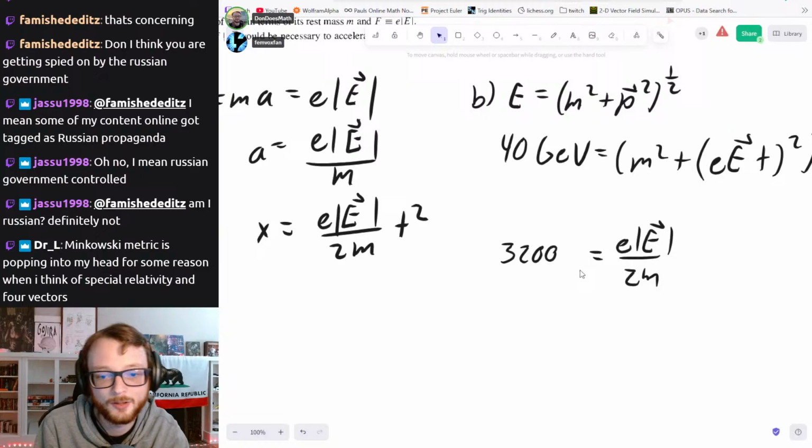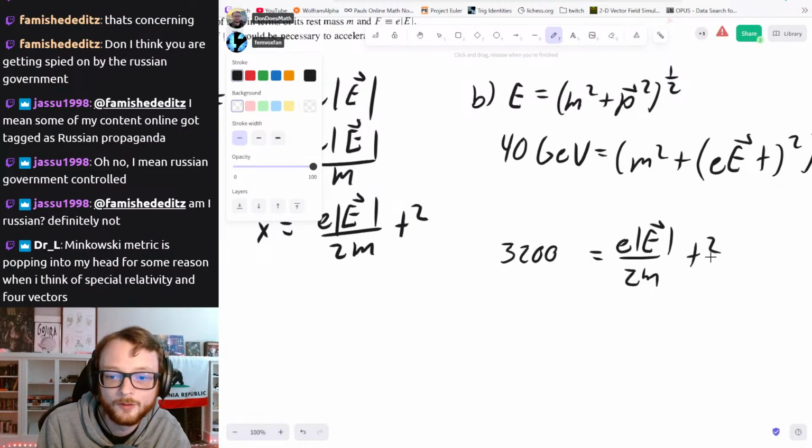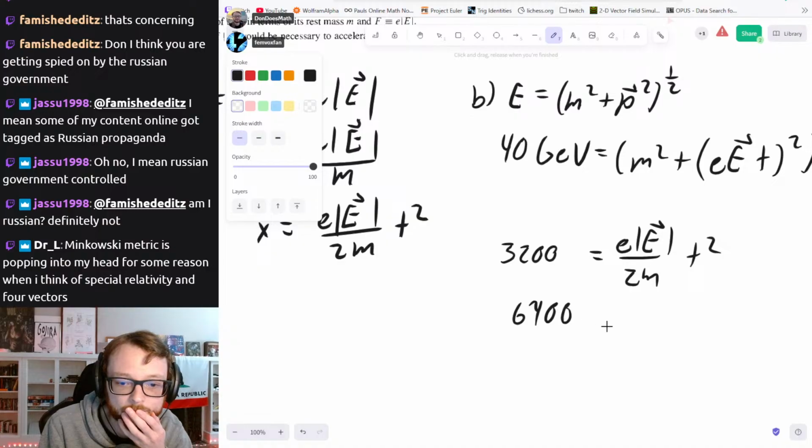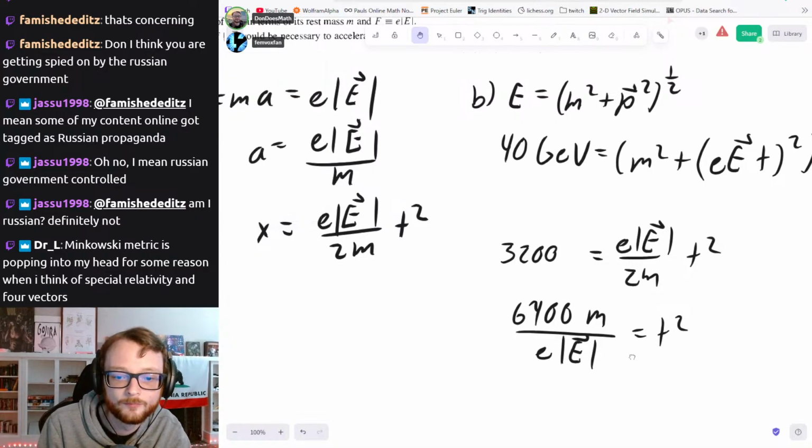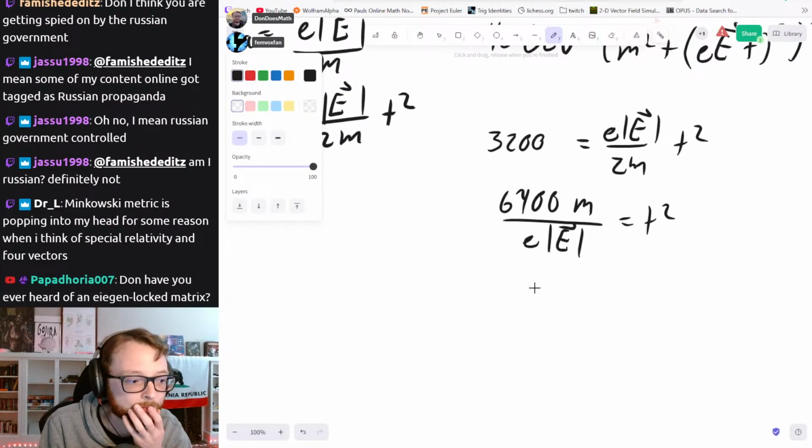I'm gonna get confused with M's. Eigenlocked matrix? No, I've never heard of that. Oh, that doesn't have a clean split. No, yeah, that is this 80.